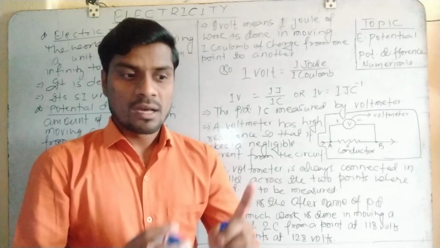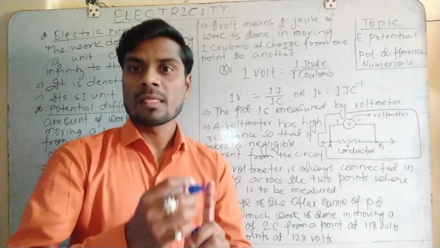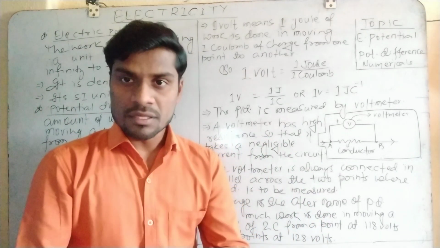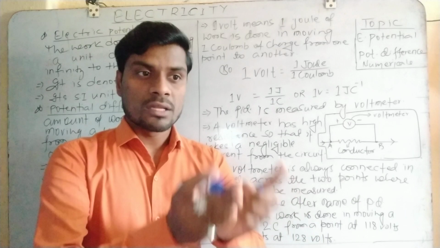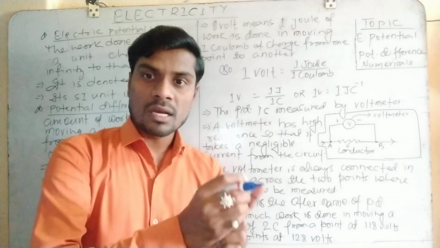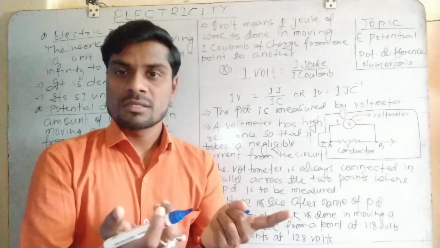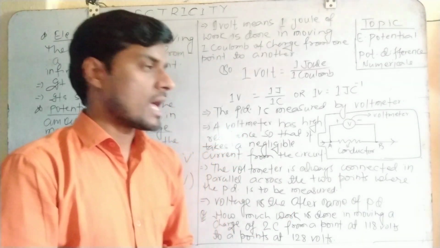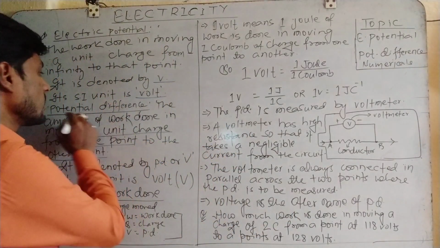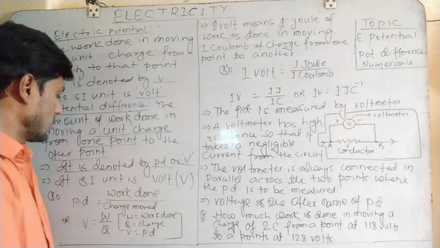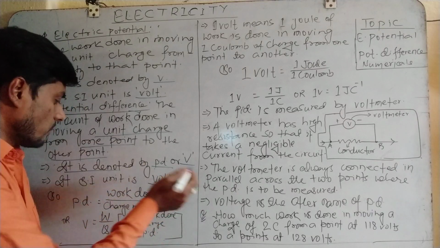That means here a charge is moving in an electric field from one point to another point. Both points are fixed, and the total work done in moving a charge from point A to point B is known as potential difference. It is denoted by PD or V. Its SI unit is also volt.